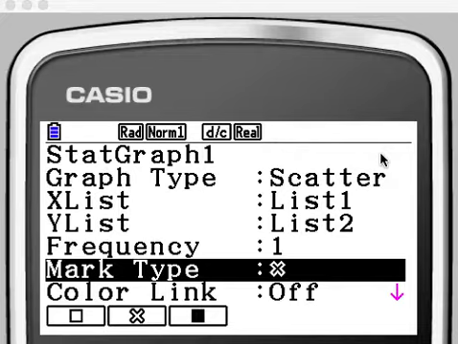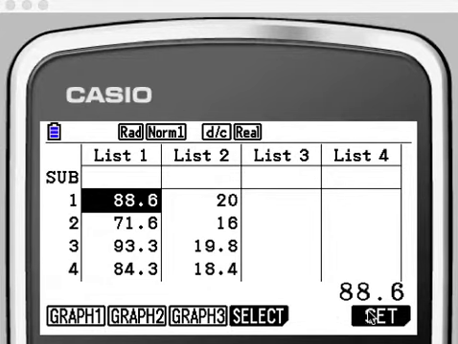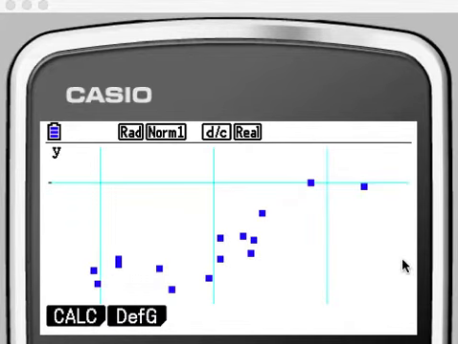You can set the mark type to be used in plotting the data in this option, and I'm going to change that just so you see how that works. Press the return key, and now we're back to where we began the set operation. Next, I'm going to press the graph key, and that will plot our data set. I want to plot that regression or trend line along with the data from our data set.